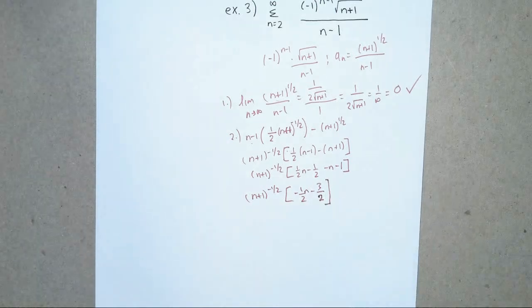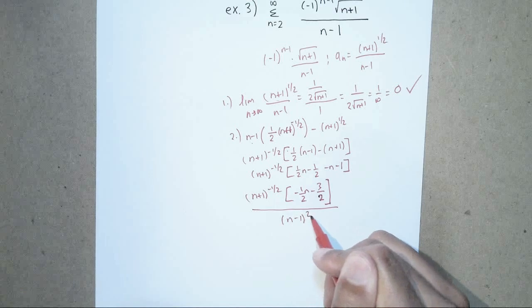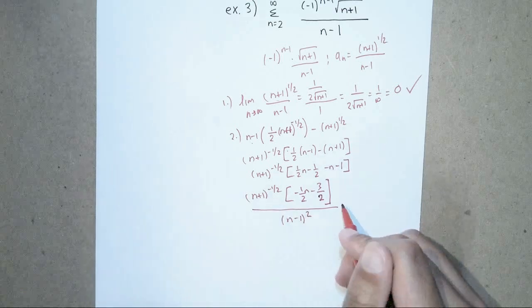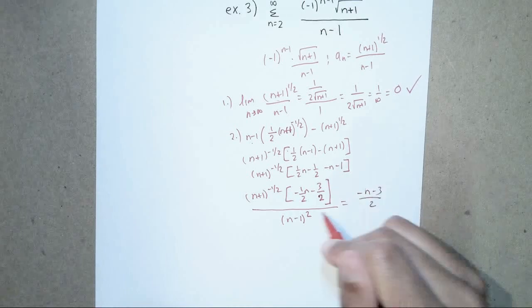Now, I am done with the top because this was low d high, and this is the hardest type of derivative whenever you have to factor out an LCD. Now I can finally put this over low squared, which is the bottom squared. And then I'll bring this down to join it. So this is now going to become negative n minus 3 over 2 because this is LCD all over.